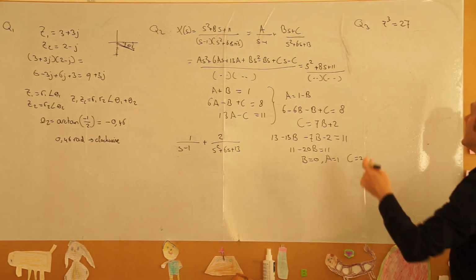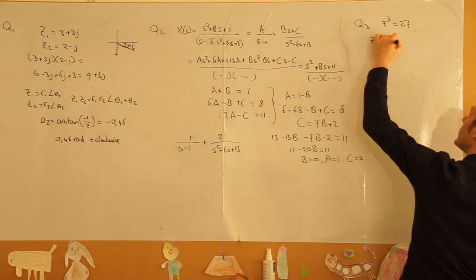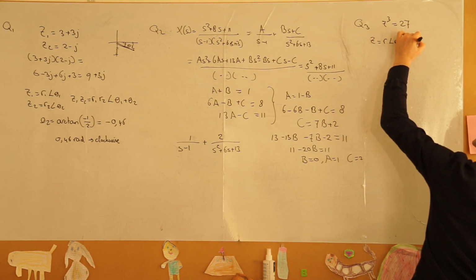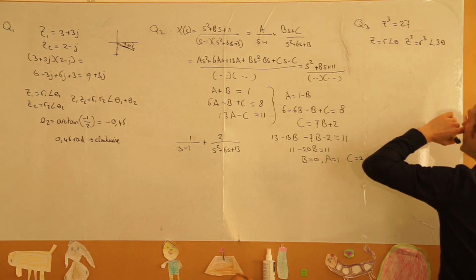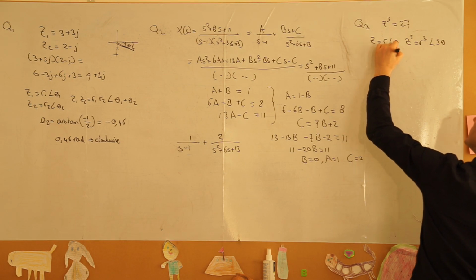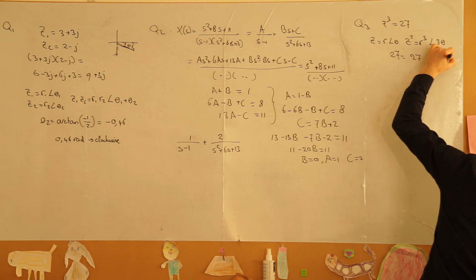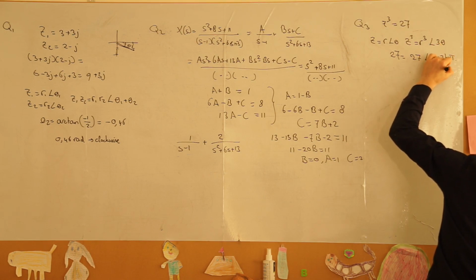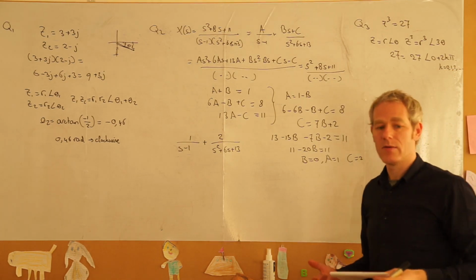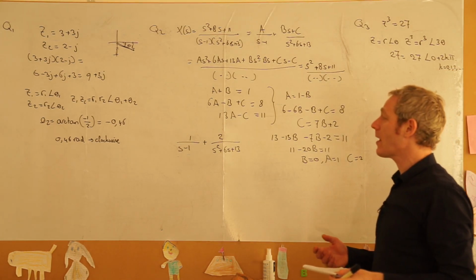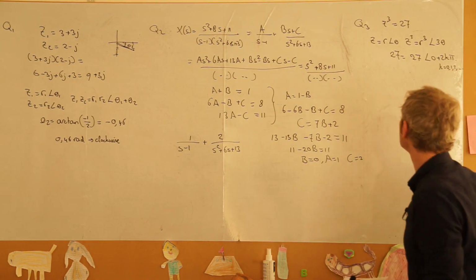Well, first we will write Z as R with angle theta, which means that Z to the power of 3 is R to the power of 3 with angle 3 theta, and 27 can be written as 27 with angle 0 plus 2k pi, for k is 0, 1, 2, etc. But because it's a third order equation, we will have 3 solutions, and I'll take k is 0, 1, and 2.